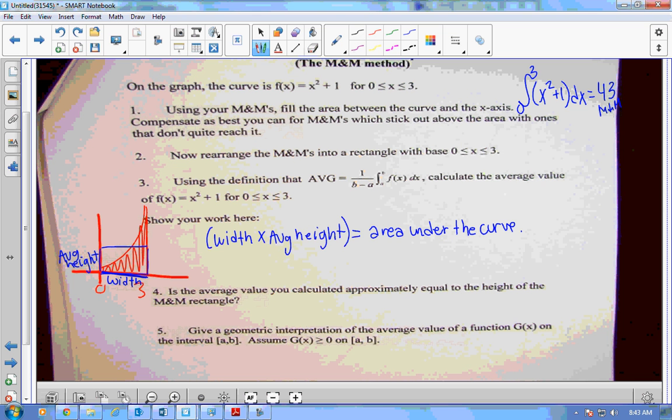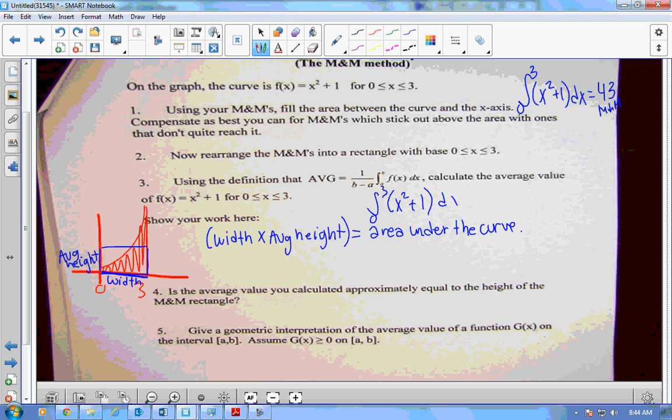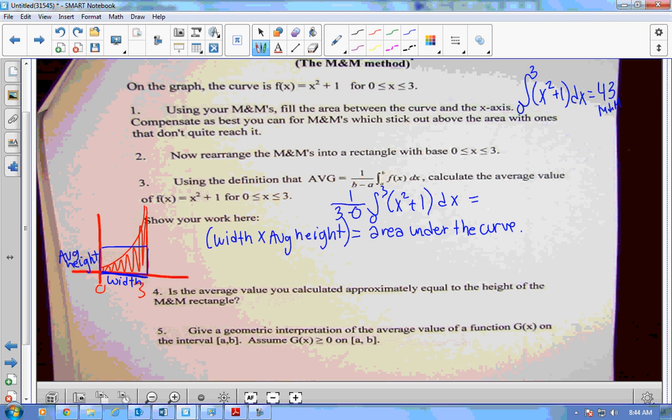Now let's calculate the average value from 0 to 3 of x squared plus 1 dx. For the average value we have to multiply by 1 over 3 minus 0. 3 minus 0 gives us 1/3 times the integral.